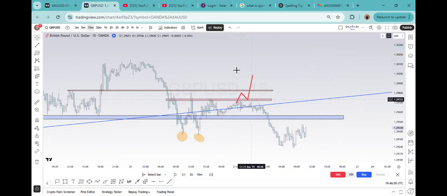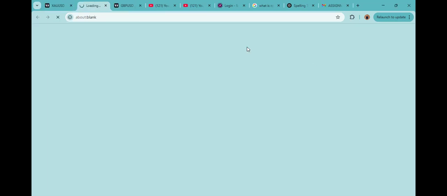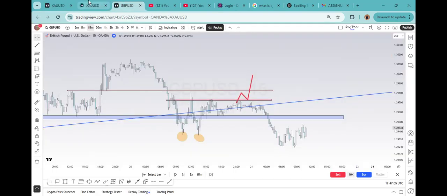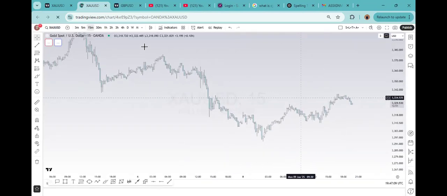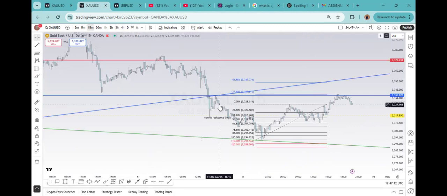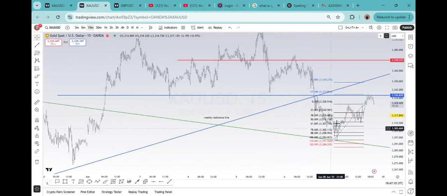Like gold, what gold did today, right? I'm not sure what level of structure this is. Okay, yes, we have an aggressive push down as well. Okay, let me delete this.